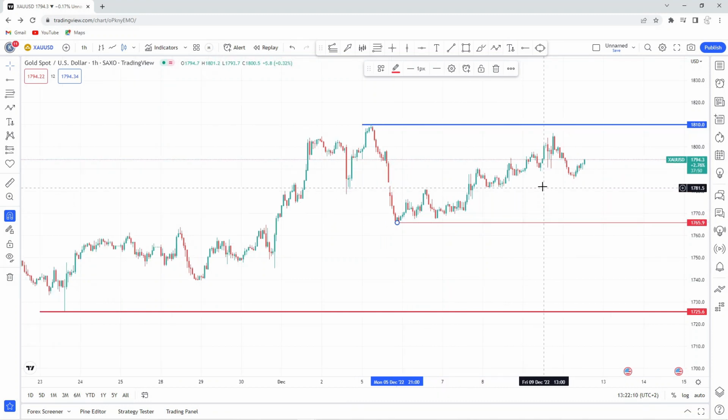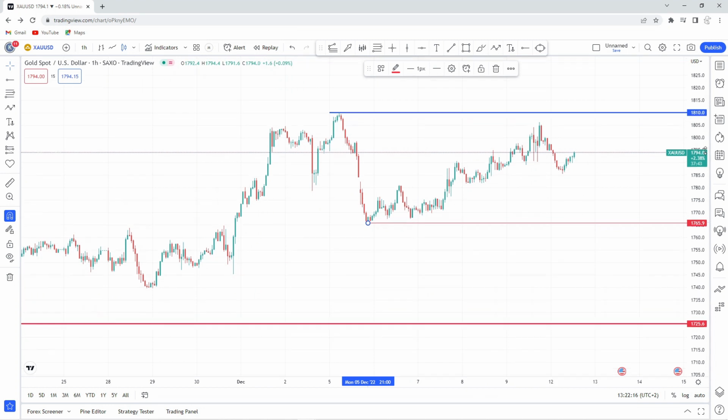So the first thing that you can implement is position sizing.